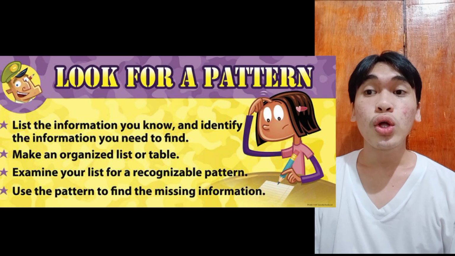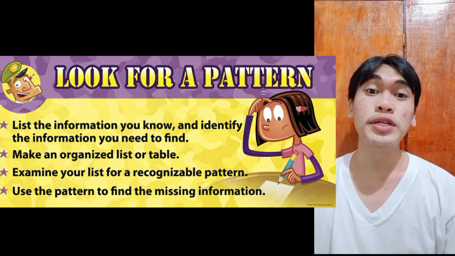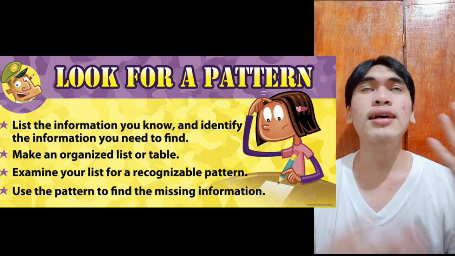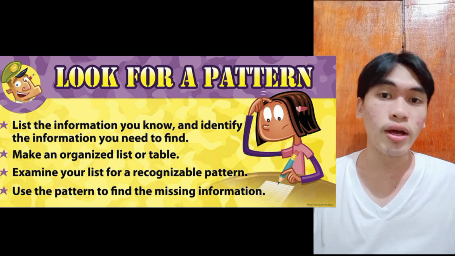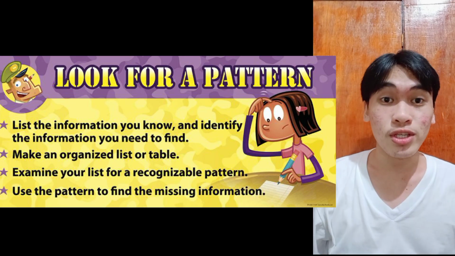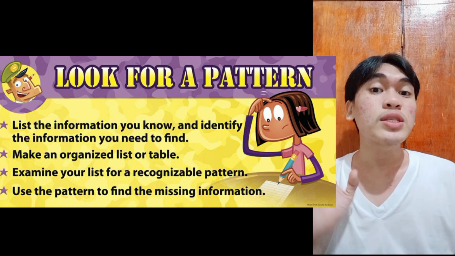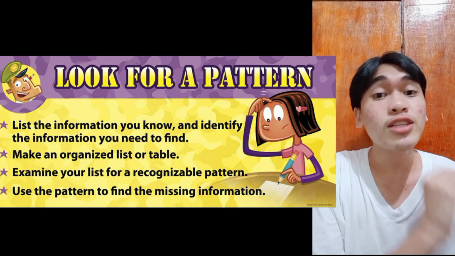Okay, so look for a pattern. It is also related to logical reasoning. As I said seconds ago, if I eat too much, then vigorous exercise. If I eat a small amount of food, I have lesser exercise.